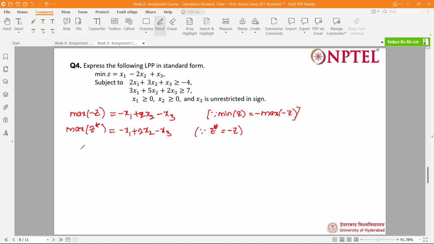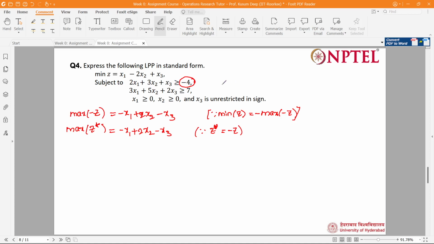And next, coming to the subject to constraints, you have to convert the constraints into equations. And one more thing to know is that the RHS of the inequality should be non-negative. Here we observe that in the first inequality, the RHS is in negative form.